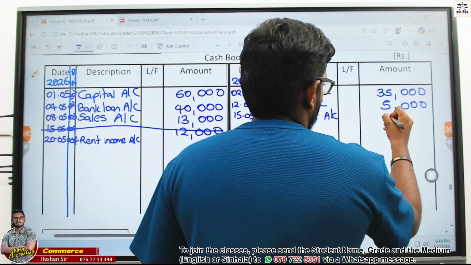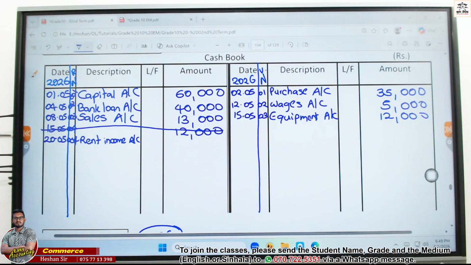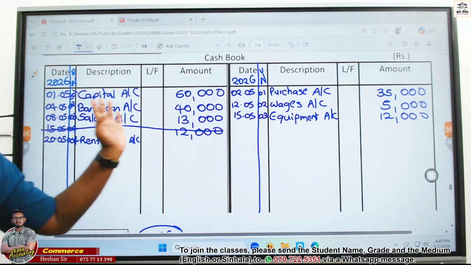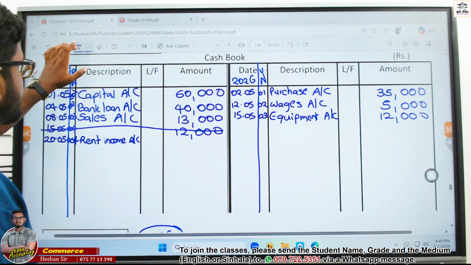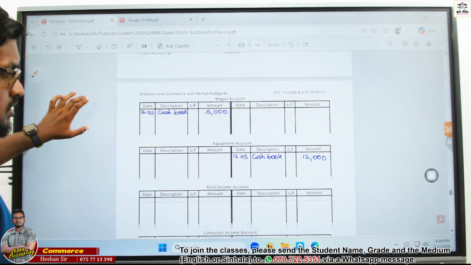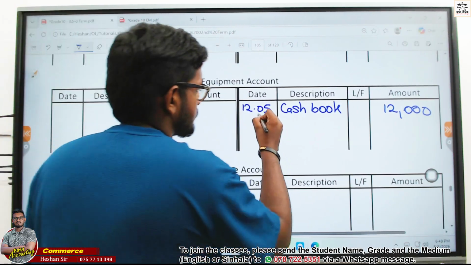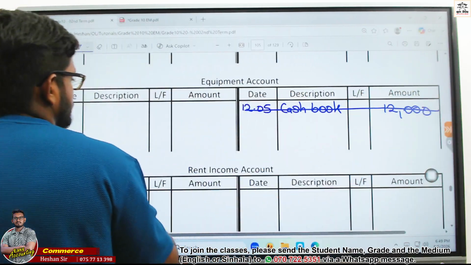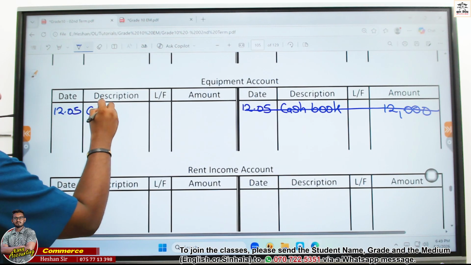We have purchased equipment, so cash goes out. So cash credit, equipment account debit. The equipment account should be debit. 12,000. 12th of May, cash book.